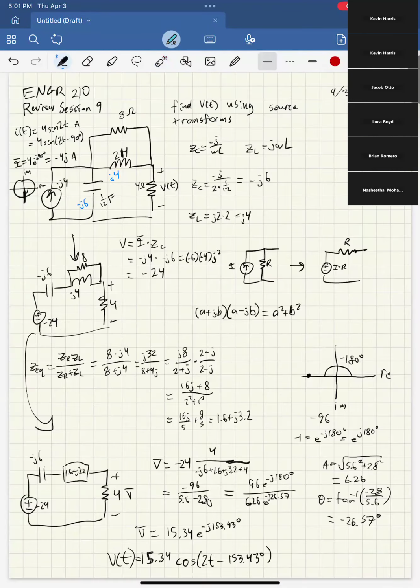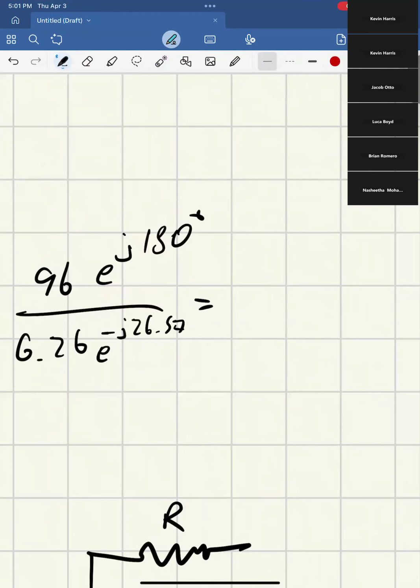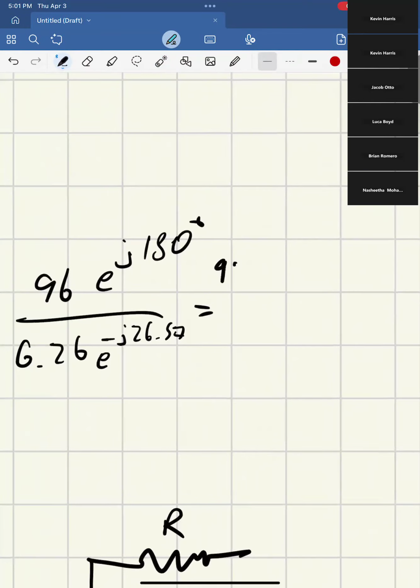It was 96 e to the, I'll write j 180 here, over 6.26 e to the negative j 26.57, right? So you split this up into 96 over 6.26 times e to the j 180 minus 26.57.